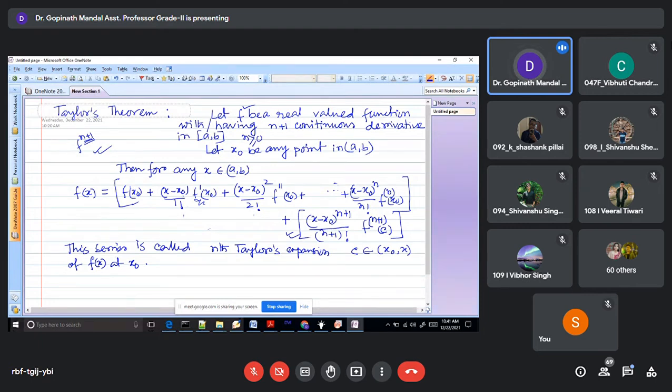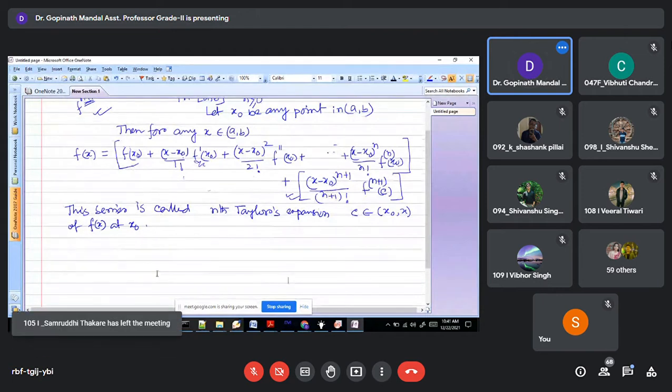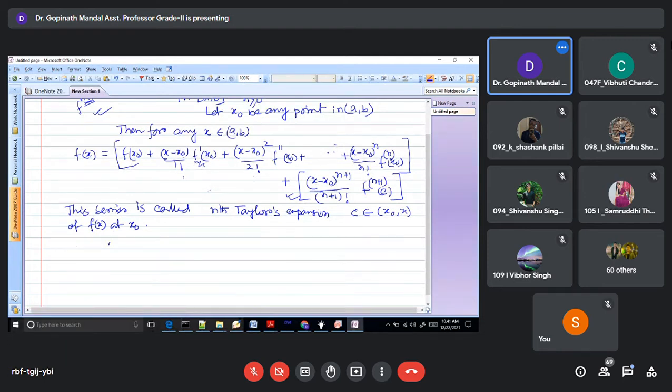Now we can rewrite this equation as f(x) equal to Pn(x) plus Rn plus 1(x).